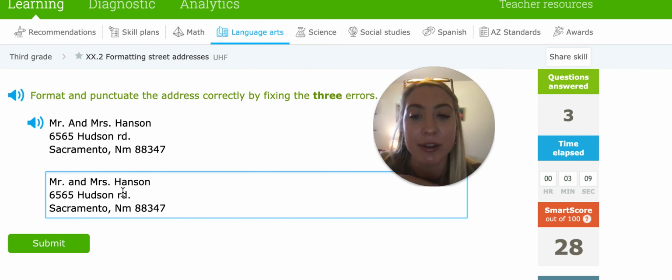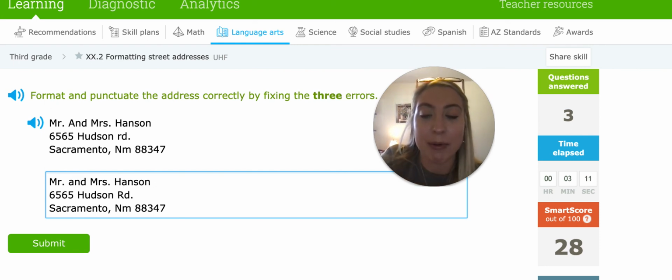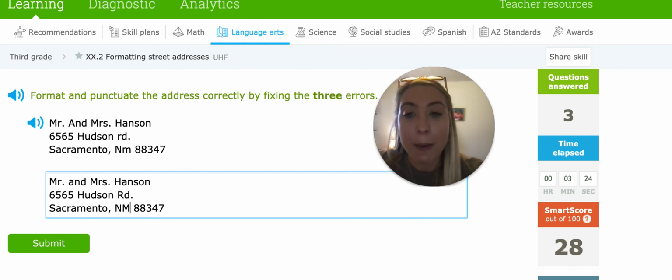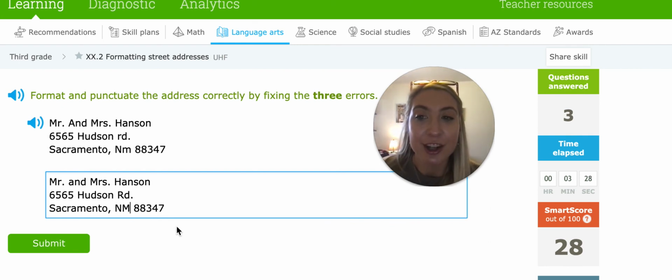Even our street abbreviations have to be capitalized as well. So road, and we have the period, which is good. And then we have Sacramento, comma, to divide the city from the state. But as we know from before, our state abbreviations, both letters have to be capitalized. So the N, M. So just make sure to take your time and look back at Edmodo.